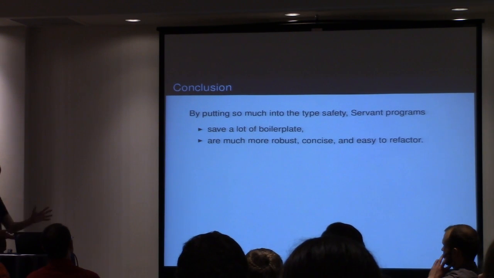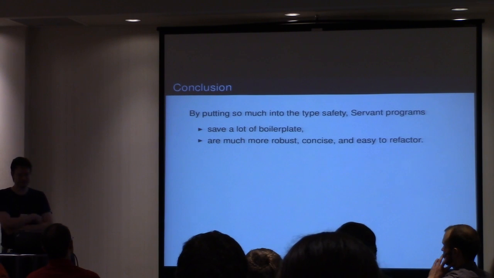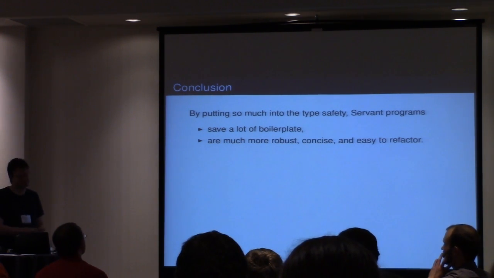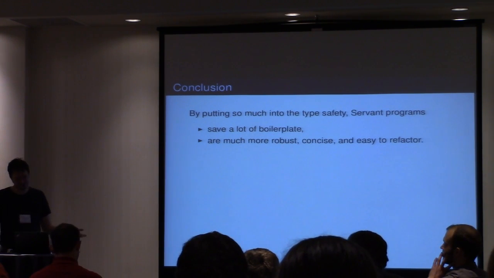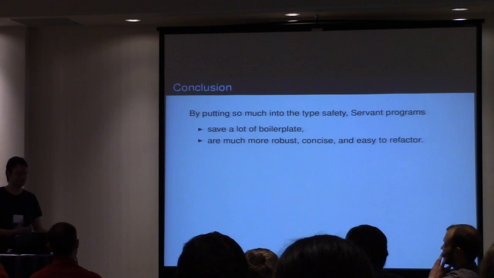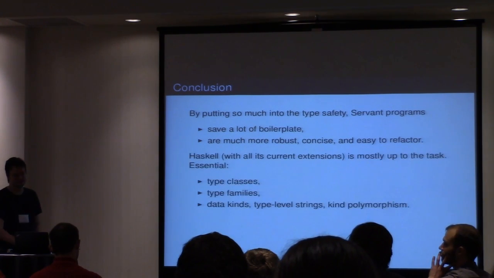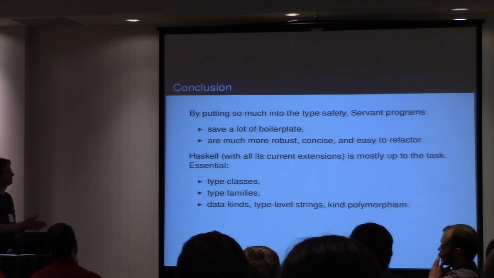By putting as much as possible information into the type system, we save a lot of boilerplate code, but we are also much more robust and concise, and Servant servers and Servant clients are very easy to refactor because you have all this additional help by the type system, and you don't have to write a lot of stuff that is obvious. And Haskell is actually a good fit with all its current extensions.